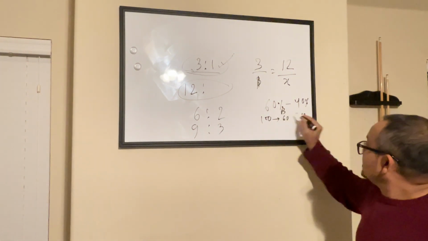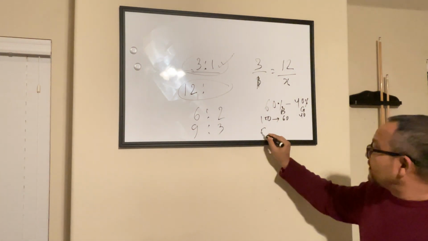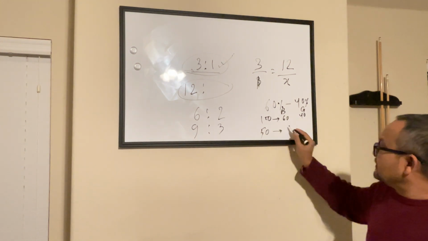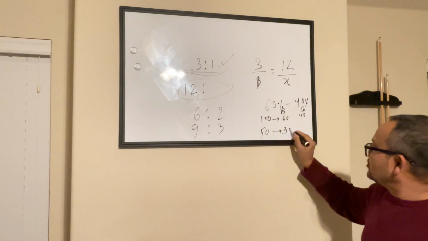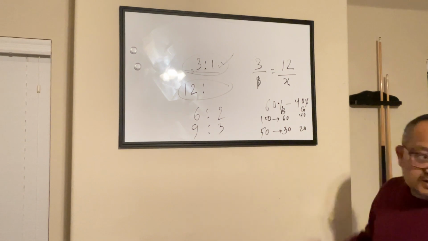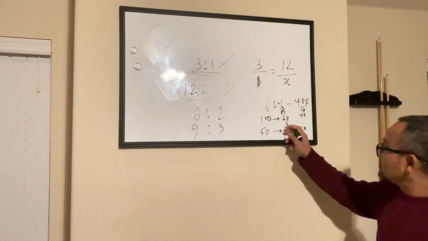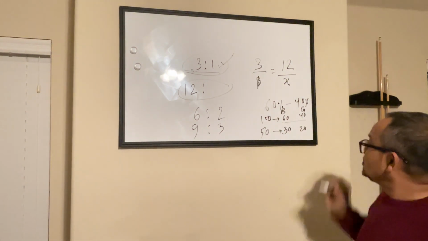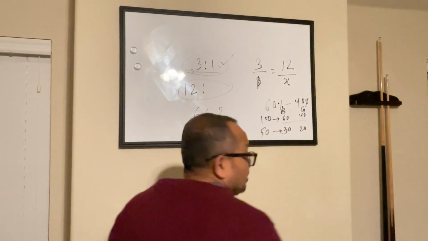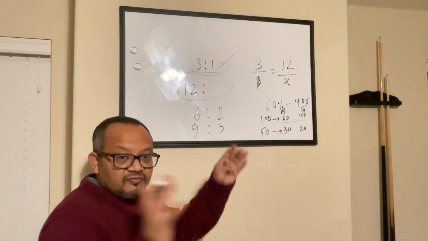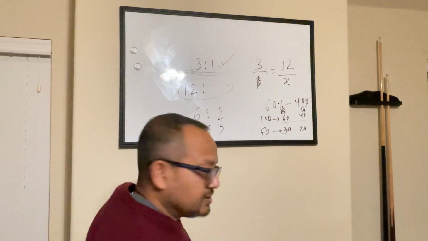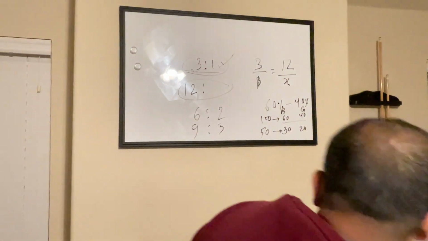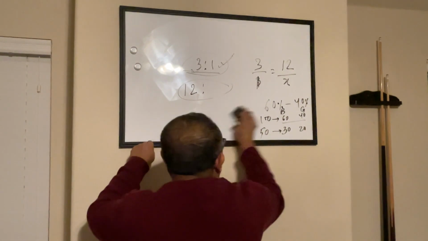Okay. If you have a class of 50, you will have 30 boys and 20 girls. So this is a proportion. You just know the relationship between the two quantities, and based on the volume you will expand or shrink. So that is what proportion is.